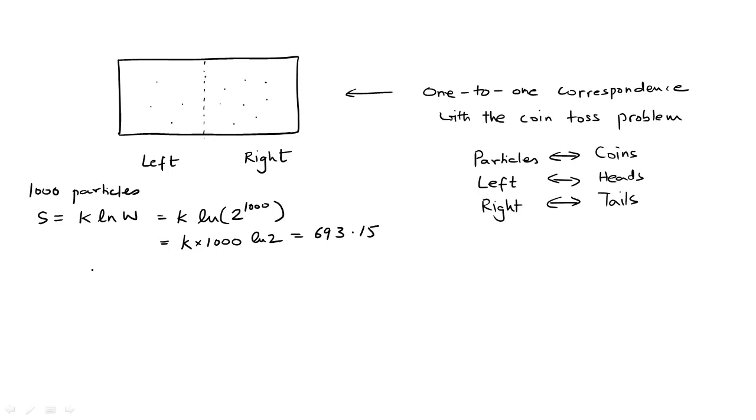As an experiment, let us calculate K ln W, where W is not the total number of ways, but the number of ways in the most probable distribution.